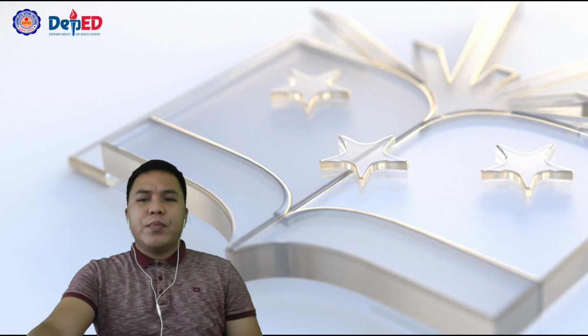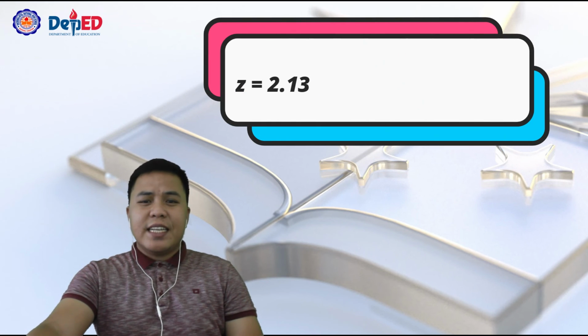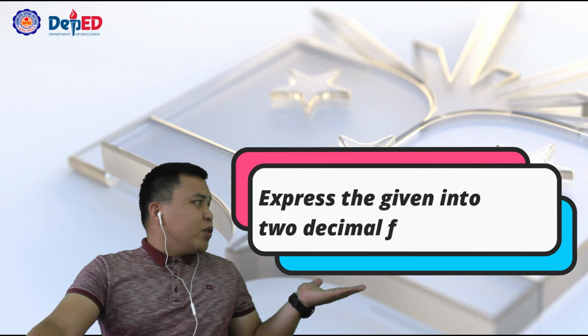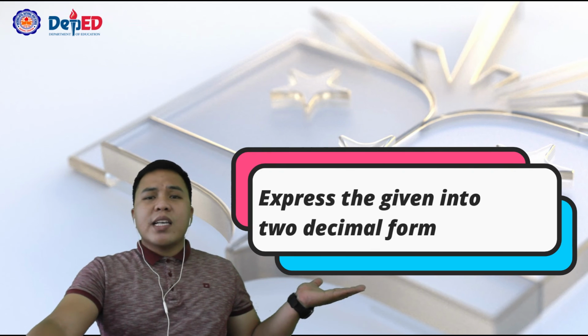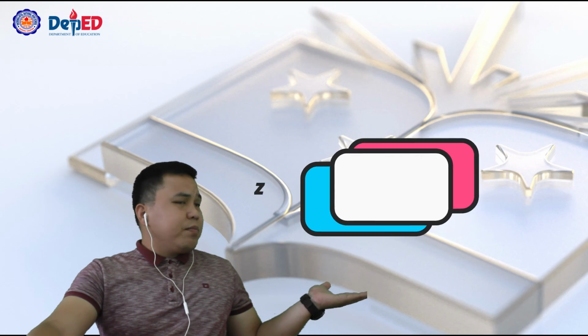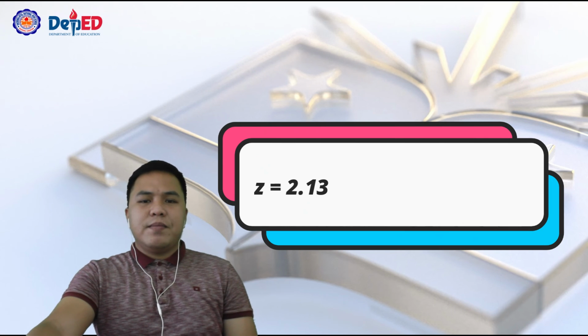Let's have another one. For letter C, find the area that corresponds to z is equal to 2.13. Now, let me ask you, for step number 1, expressing the given z-score value into 2 decimal form, what is its 2 decimal form? Yes, you are right. It's as it is. It's 2.13.